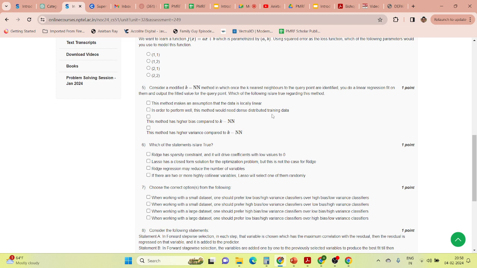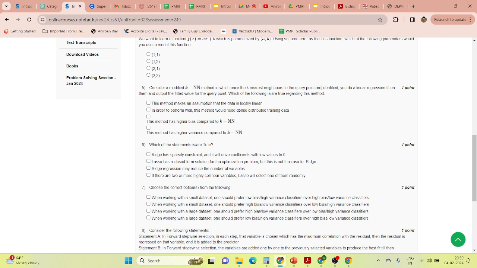This method has higher bias compared to KNN. Okay, let's understand this. In KNN, what we'll do is get the nearest points, and then for regression we'll take the mean, right?